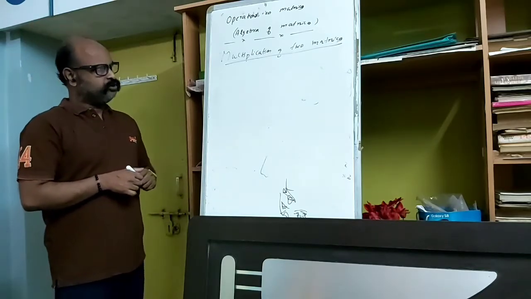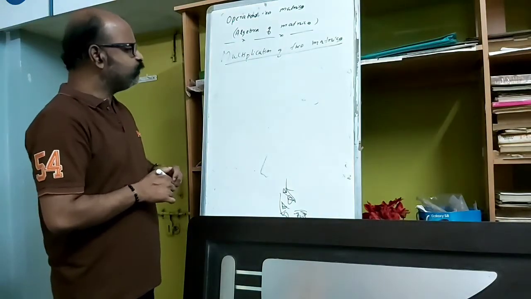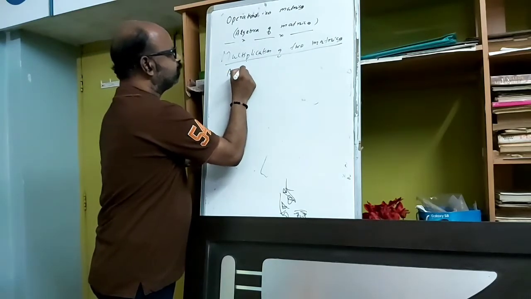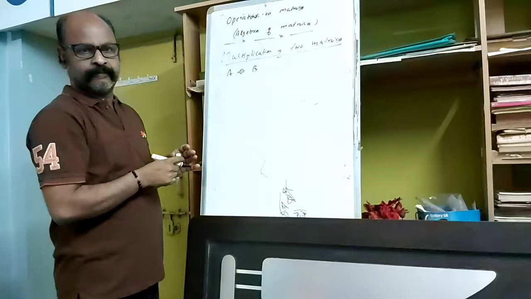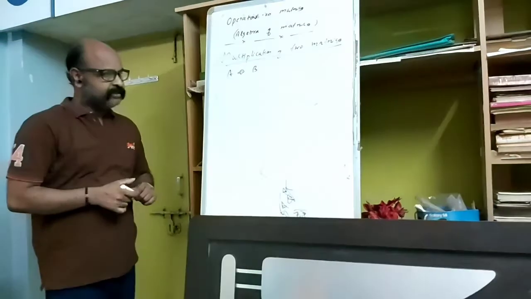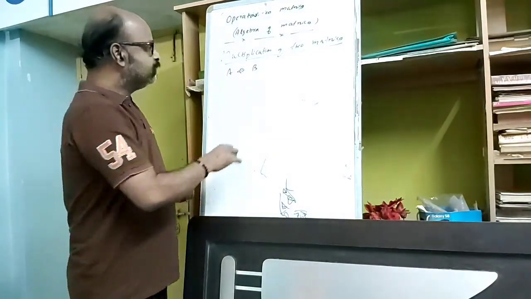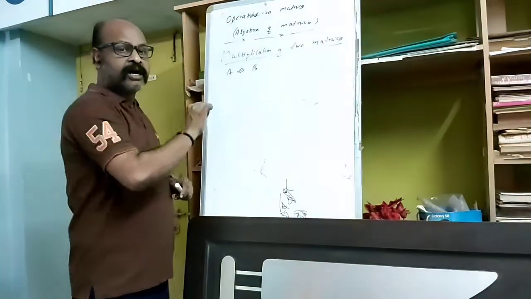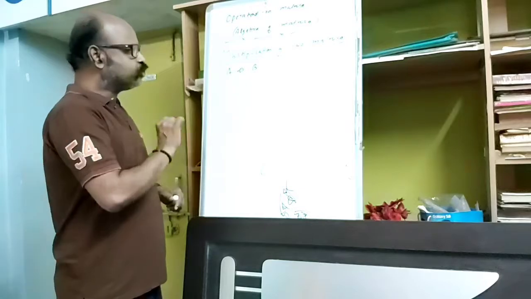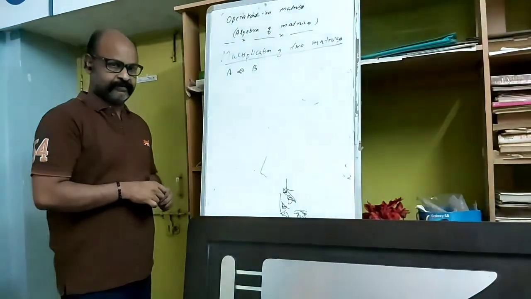So when we come to multiplication of 2 matrices, in the same manner we discuss how to multiply the 2 matrices A and B. As we said in addition, in the case of multiplication also, 2 matrices are possible to multiply provided they satisfy a certain condition.